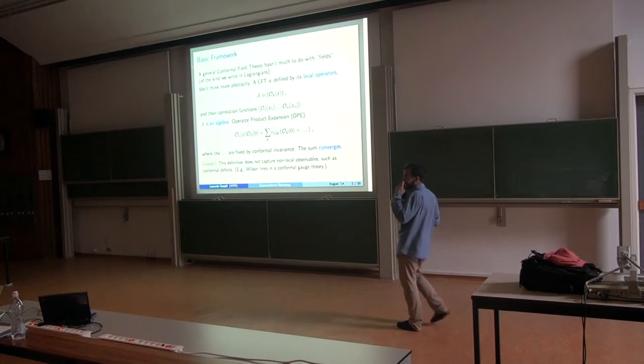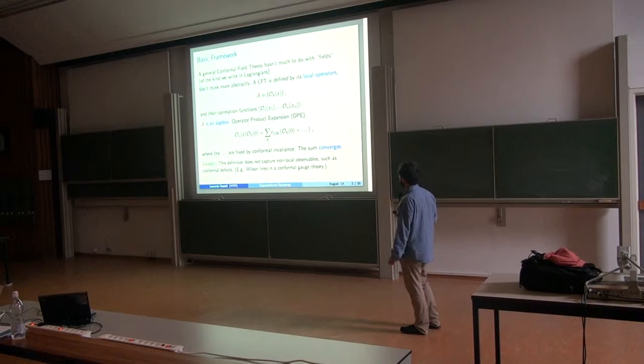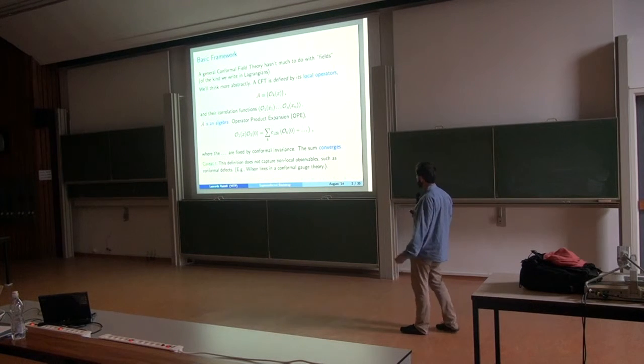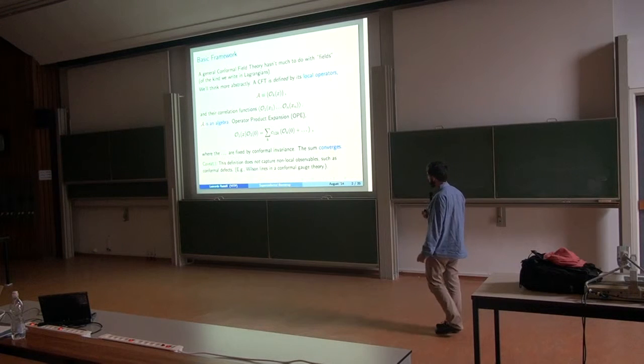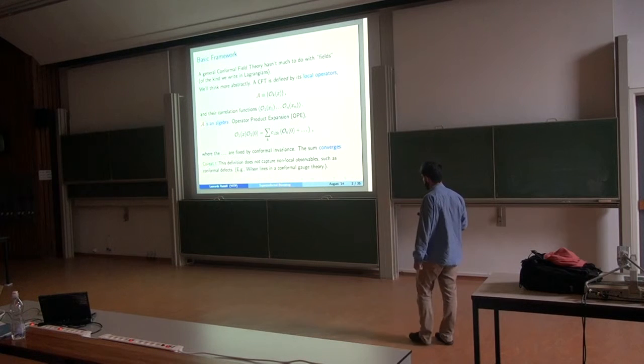So we're going to declare that the conformal field theory is just defined abstractly by a list of local operators. X here takes values in space-time. I'm doing this in a general number of dimensions. And a set of numbers, which are the correlation functions for the complete set of local operators.